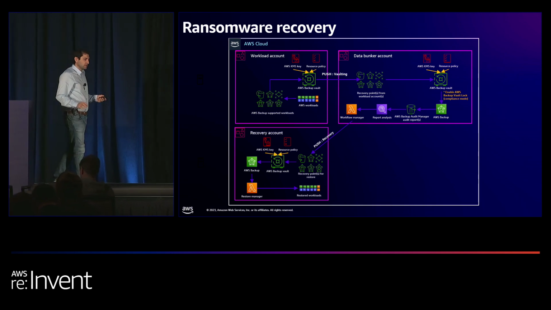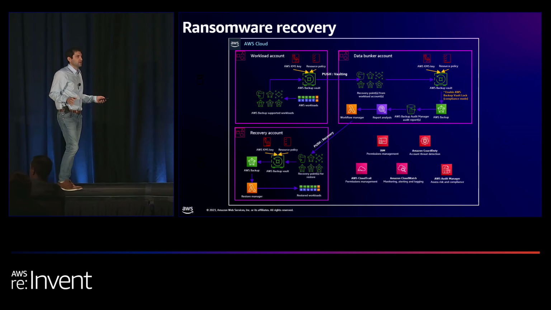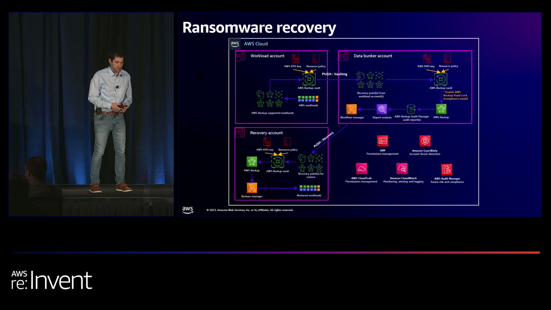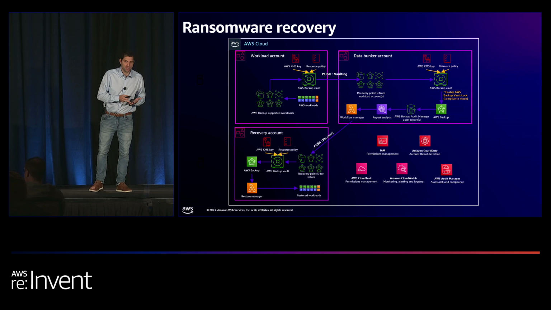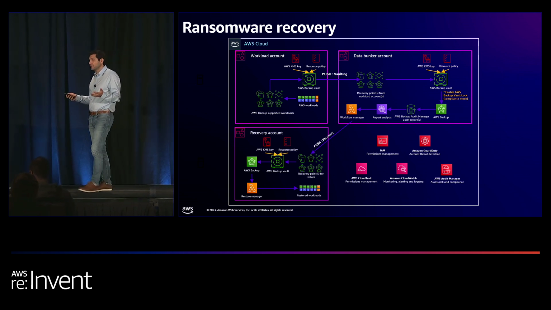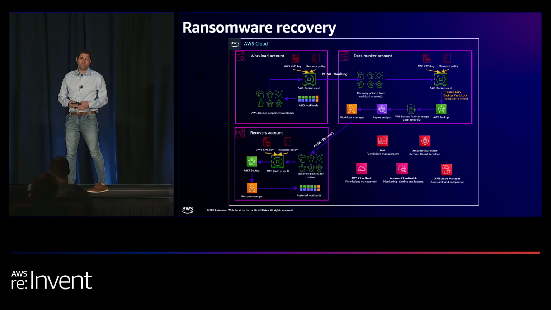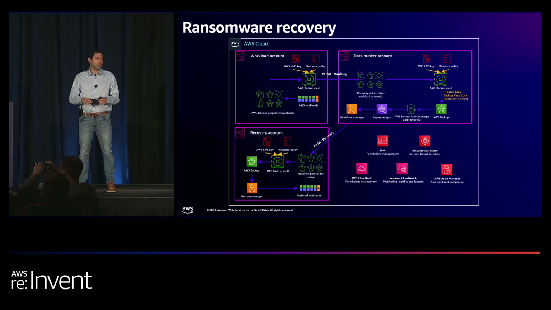Now, there are some complementary services around this solution. So we want alerts and metrics and logs using CloudWatch and CloudTrail. And we also want some detection and scanning tools. We have GuardDuty, et cetera, to complement the solution.